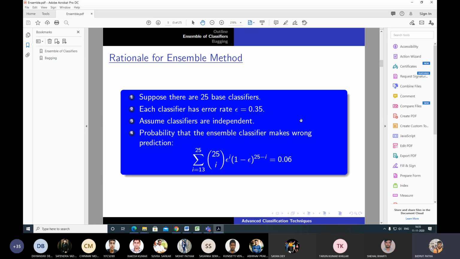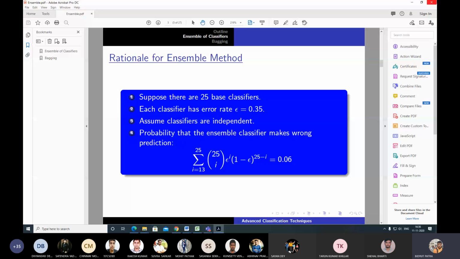Each unknown object will pass through these two models, and then you take the majority voting. Or, instead of majority voting, whenever both say yes, yes, you consider that the right classification, otherwise you reject it. If the outputs are 1 and 1, then you say this model cannot identify the class label of this object.